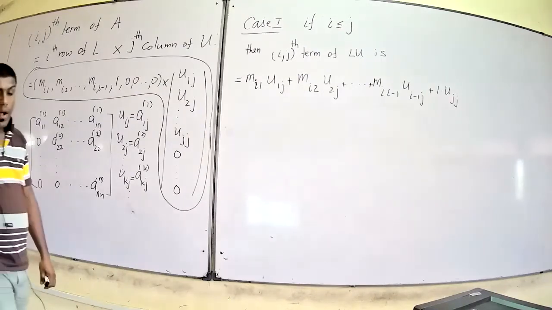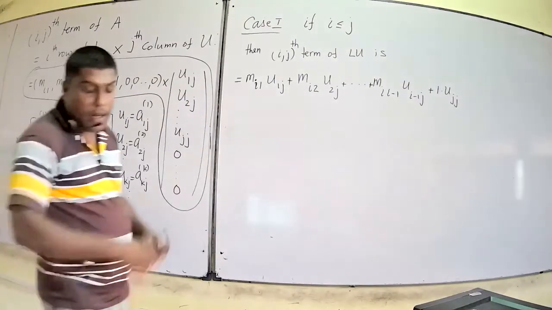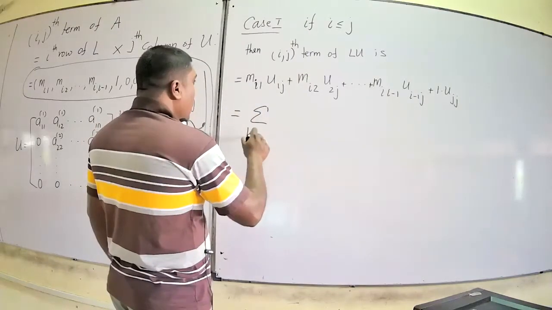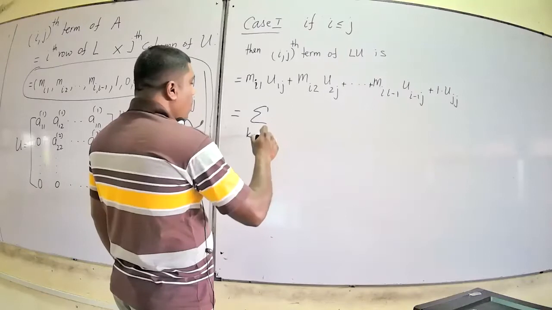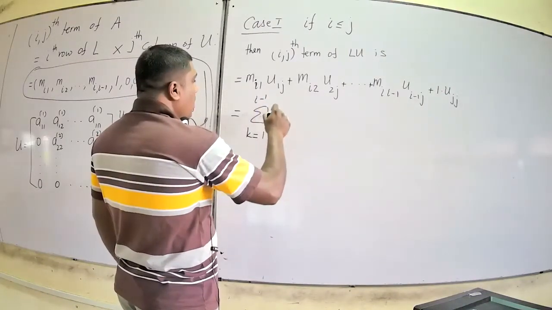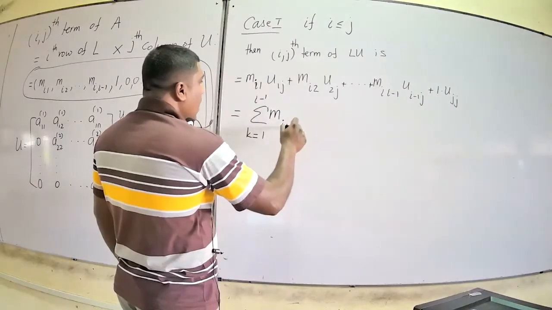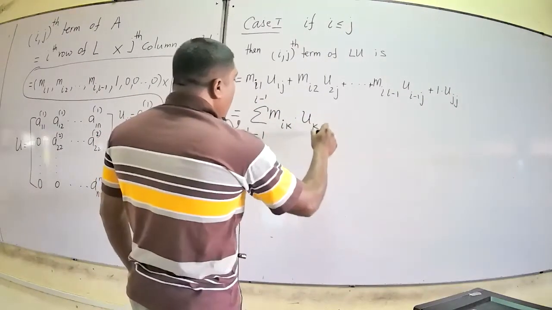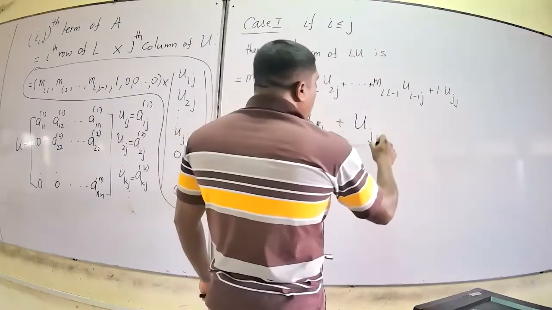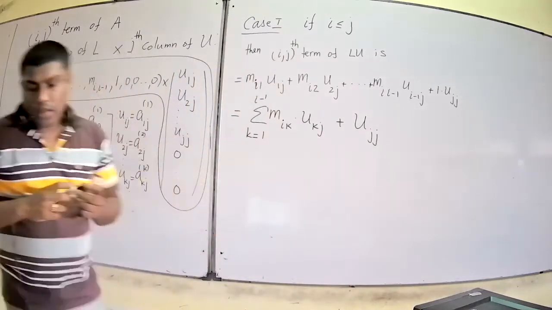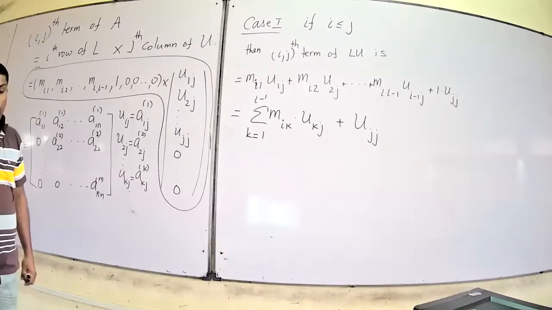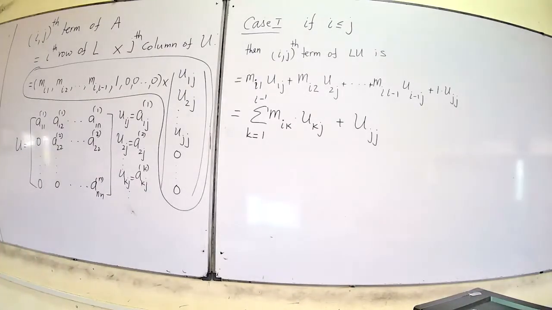So let me write this in the multiplication form. This is basically the summation of k running from 1 to i minus 1 of mik into ukj, plus uij.